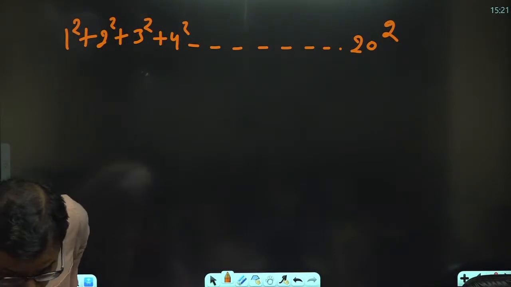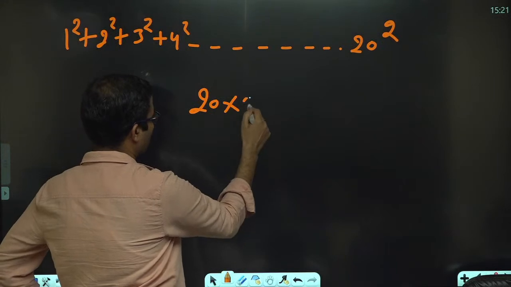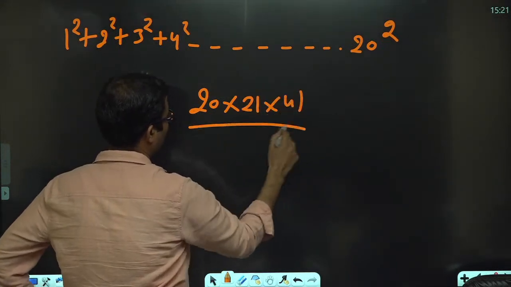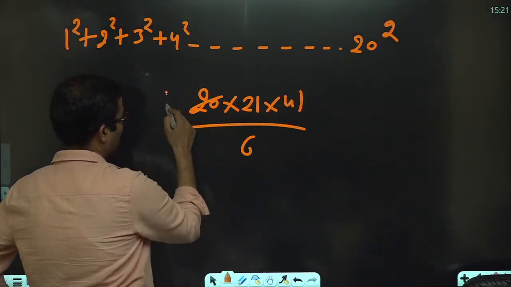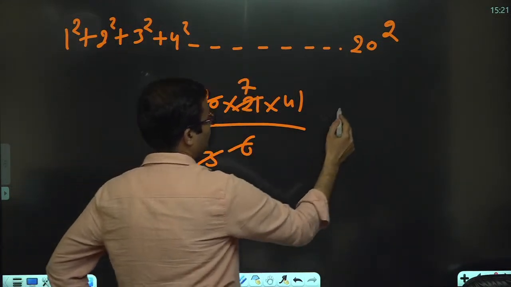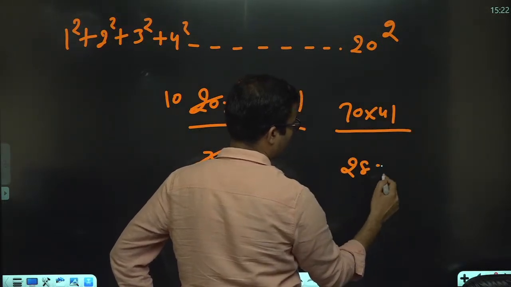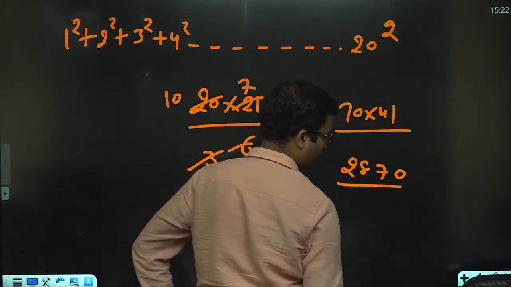Class 10th. 20, 21, 41 divided by 6. 10, 3, 7. That is 70 into 41, 2870. I take one more.